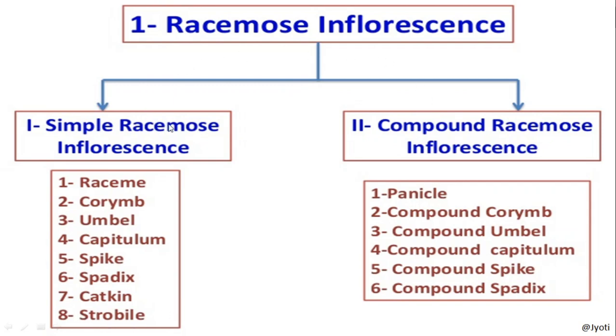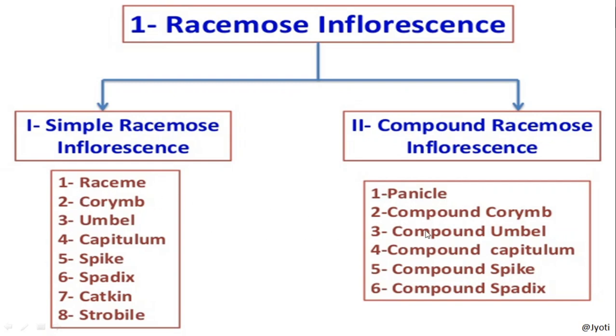When the simple racemose inflorescence is branched, it is called compound racemose inflorescence. The compound racemose inflorescences are panicle, compound corymb, compound umbel, compound capitulum, compound spike, compound spadix. When the simple raceme is branched, it is called panicle.